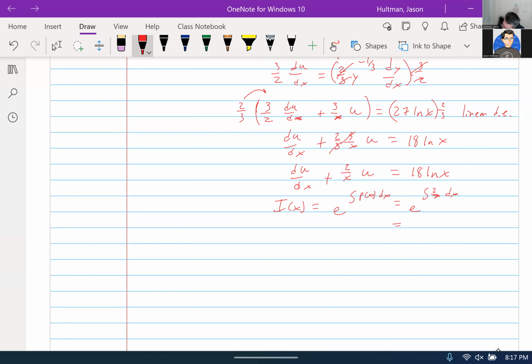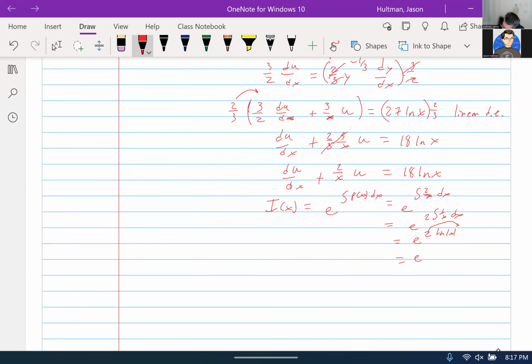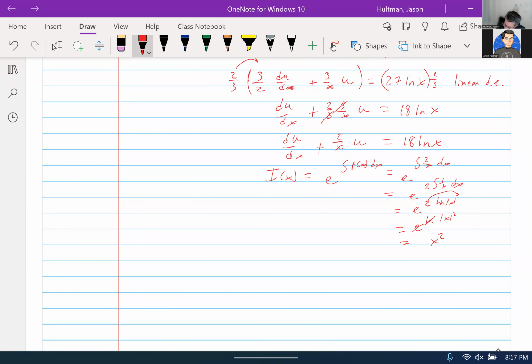So this is going to be equal to e to the 2 times integral 1/x dx, which is e to the 2 natural log of absolute value of x. I'm going to put that 2 and make that my exponent. So this is e to the natural log of x squared. Okay, the e to the natural log cancels, and so we just get x squared. So that's what we're going to multiply through by to solve this differential equation.